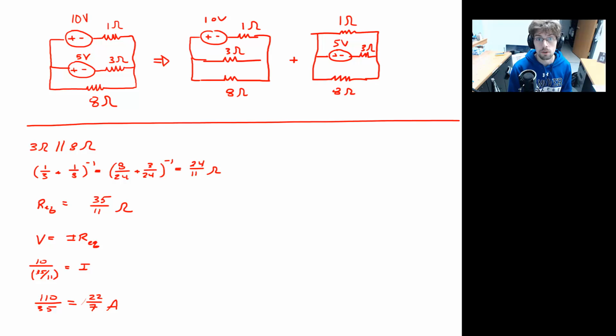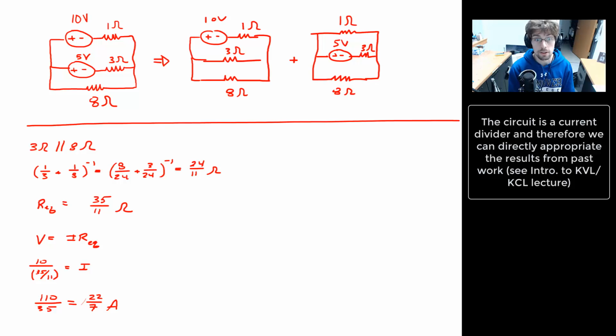Then what we have to do is go back and figure out how much goes through the 3 ohm branch and how much goes through the 8 ohm branch. This is a current divider at this point, right? Now, if you don't remember, we could apply Ohm's law and that kind of thing, but I'll skip to the final answer here.